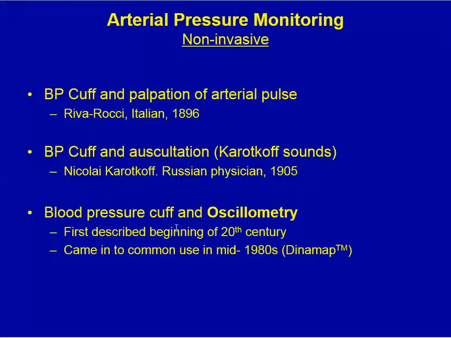What we use most commonly nowadays in the operating room is oscillometry, putting a blood pressure cuff and connecting it to a machine. This technique was first described nearly 100 years ago, but did not come into common practice until the mid-80s with the appearance of the so-called Dynamap machine.